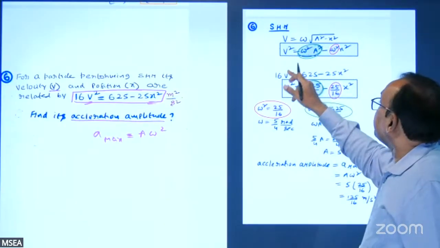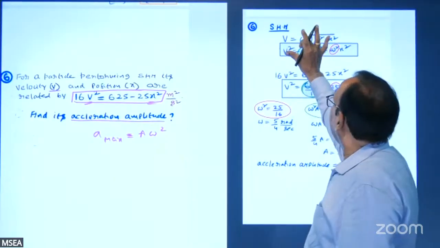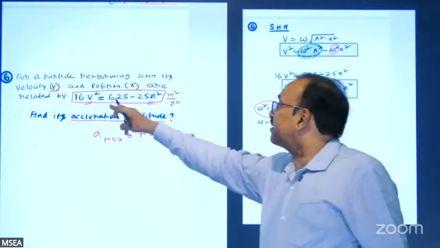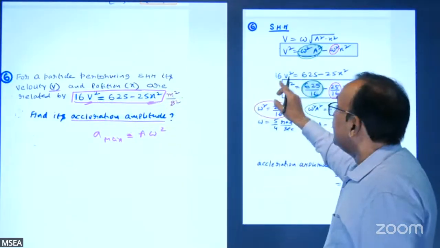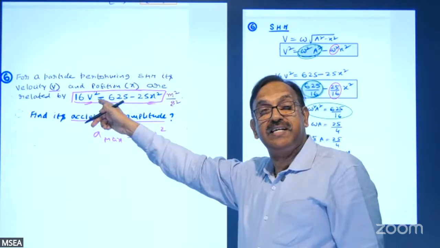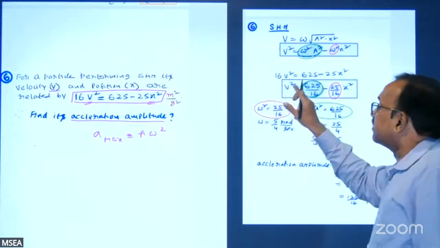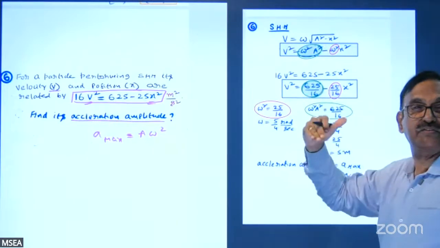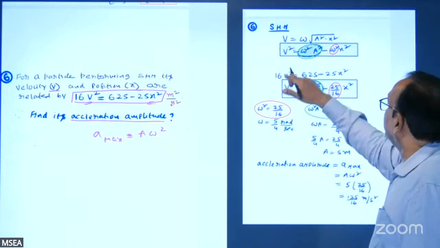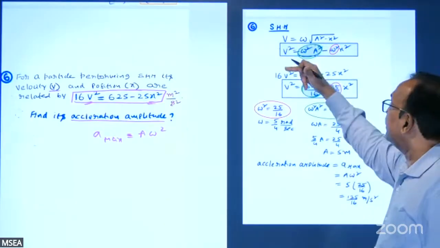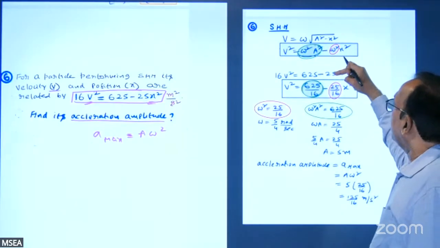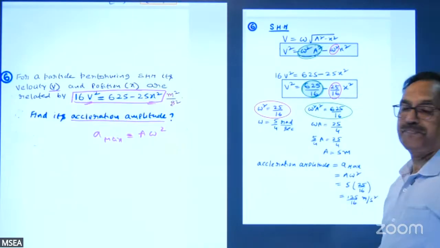This is the basic equation we have to rely on. In the question, instead of v square, he has given 16 v square, which is 625 minus 25x square. I want v square, so take 16 to the denominator. So v square is 625 by 16 minus 25 by 16 x square.